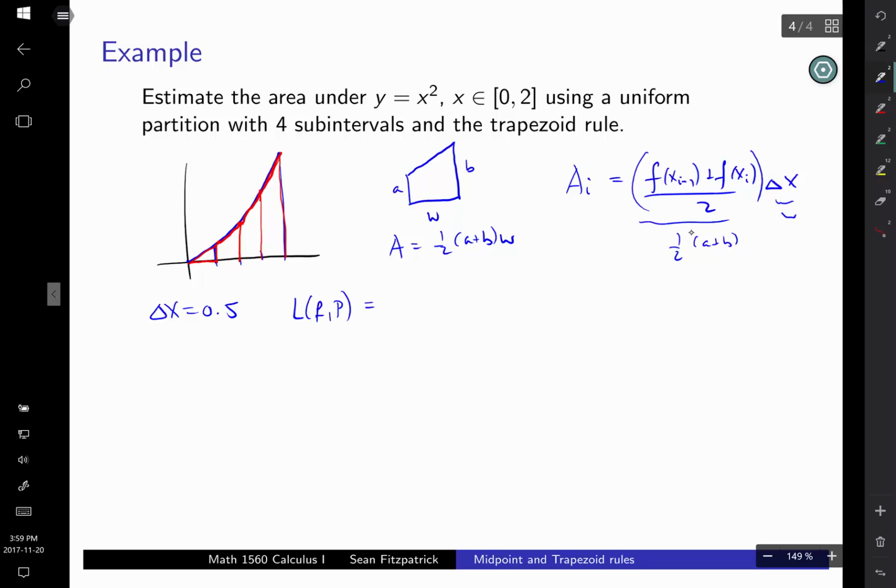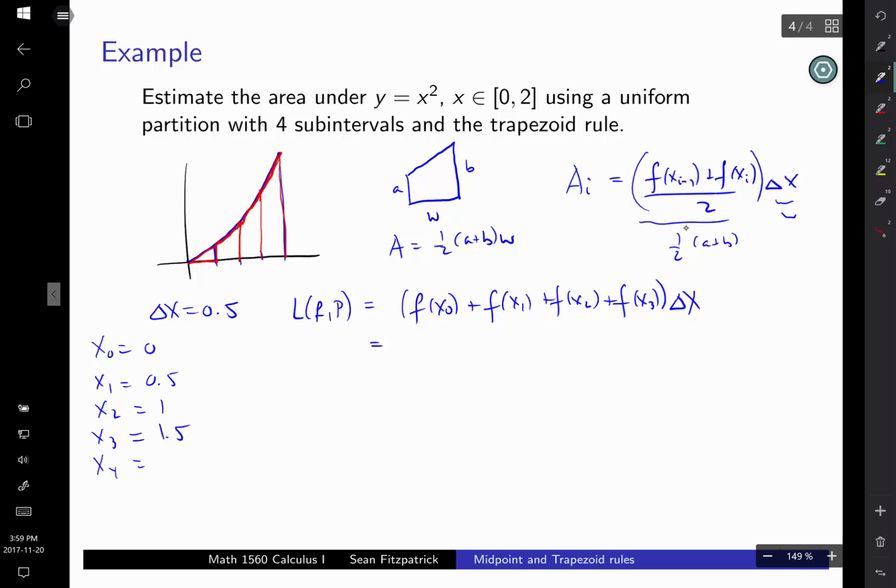So again, we have our delta x is 0.5, and for the lower sum we use f of x naught plus f of x1 plus f of x2 plus f of x3 times delta x. Remember that x naught is 0, x1 is 0.5, x2 is 1, x3 is 1.5, x4 is 2.